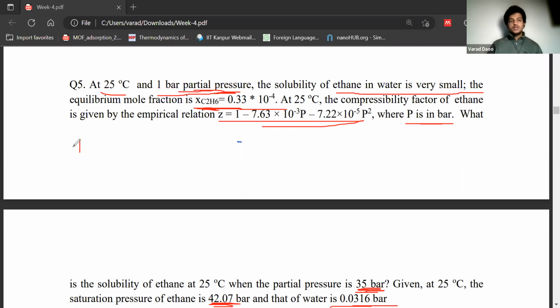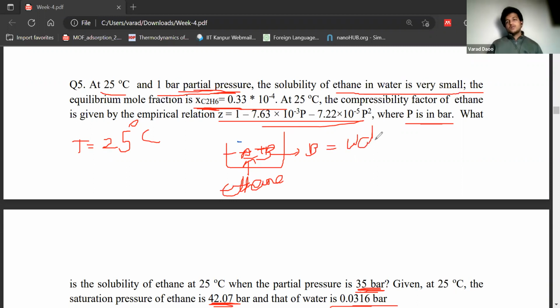What is to be noted here is that the whole process is being done at 25 degrees centigrade, and we have a container which has A and B, where A is ethane and B is water.